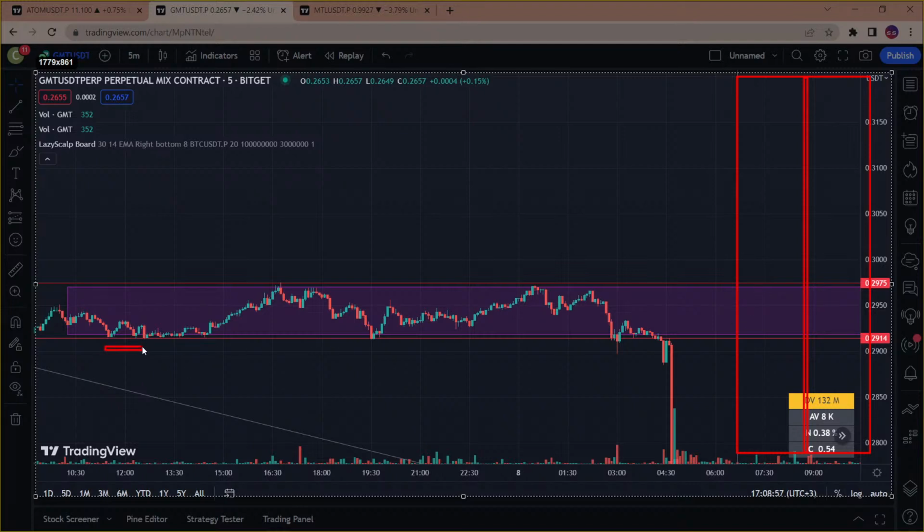A huge player places some limit orders here. Limit orders on both sides of this range. Especially it works on futures because on futures we have leverage.